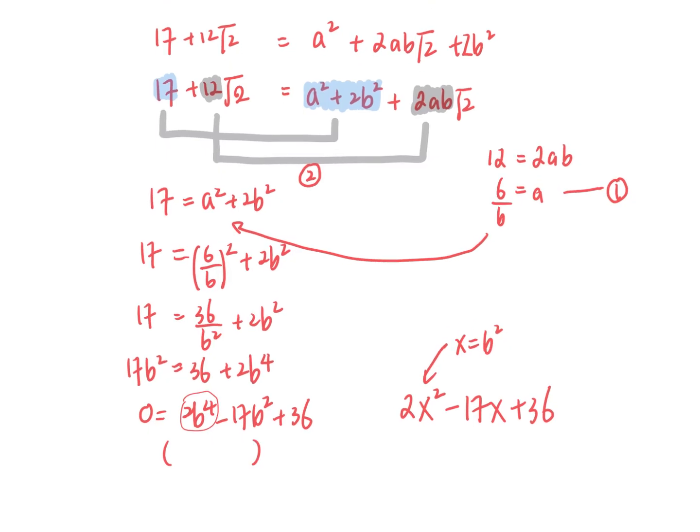So when you factorize this, what are the two factors you should get? I unfortunately used the wrong one, right? So I have to work hard now. 6 over B. Yeah, because I used the wrong one. I should have used the other one so that I don't have to work so hard.